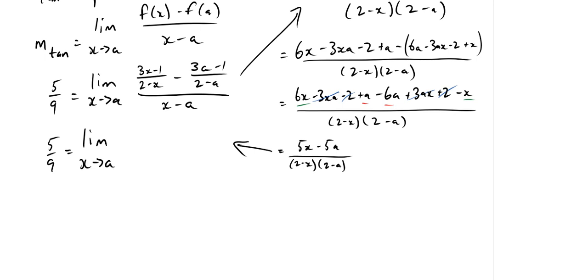Remember, this is just the top. And I'm actually going to factor out the 5 because you may have noticed we're going to need that. 5 times x minus a over. Actually, I'm going to do that in the next step because I don't have enough room to write the whole thing anyway because of that arrow. All over 2 minus x, 2 minus a, all over x minus a.